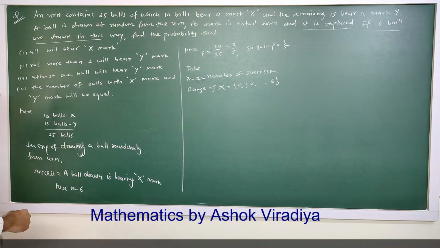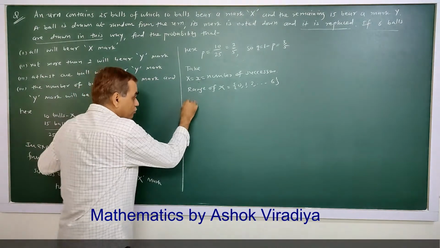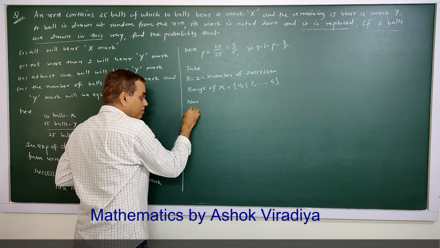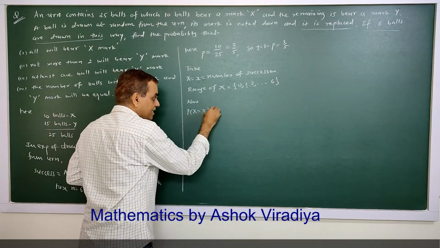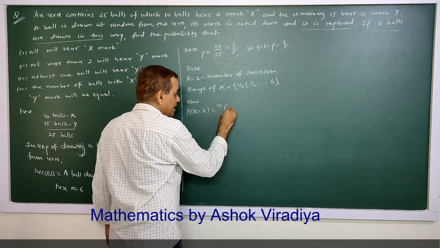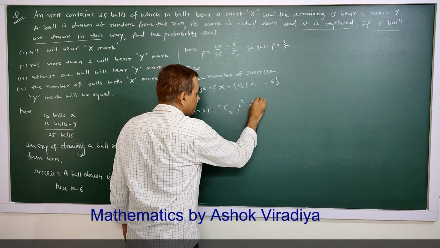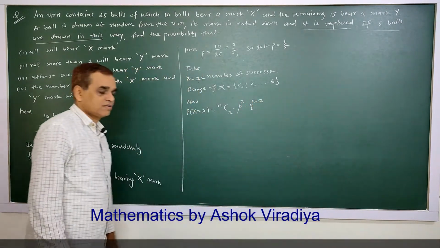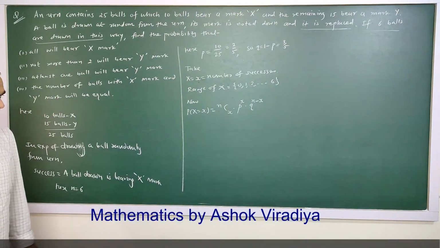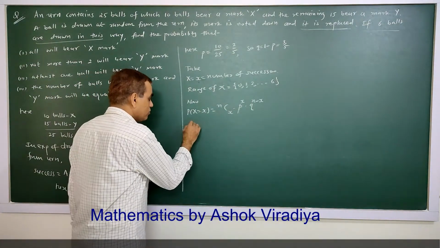Now the formula to find the probability that X takes value x is NCx P raised to x Q raised to N minus x, binomial distribution.